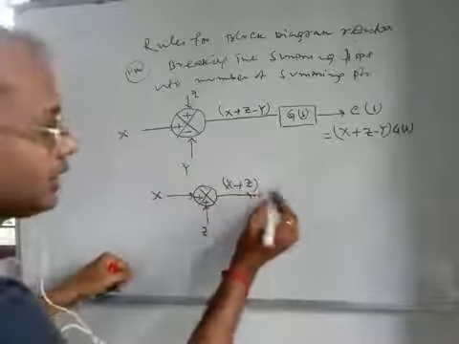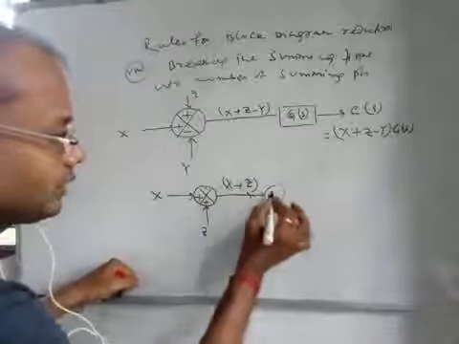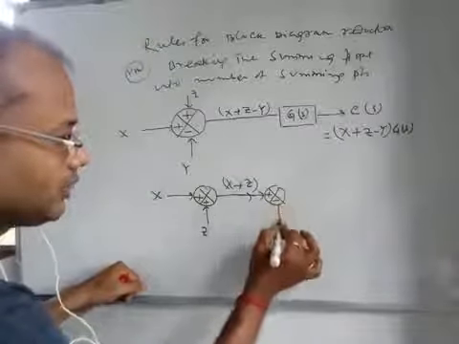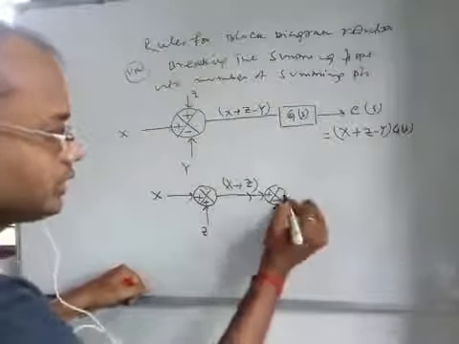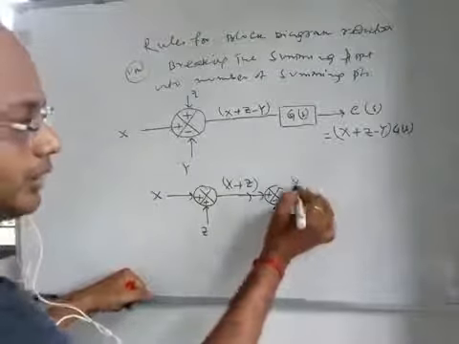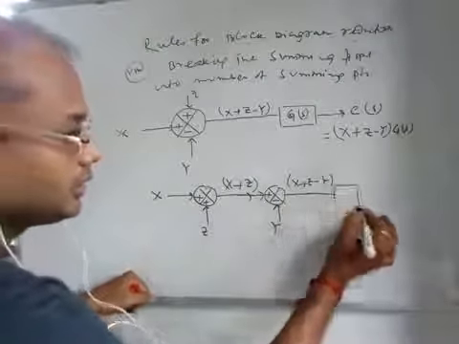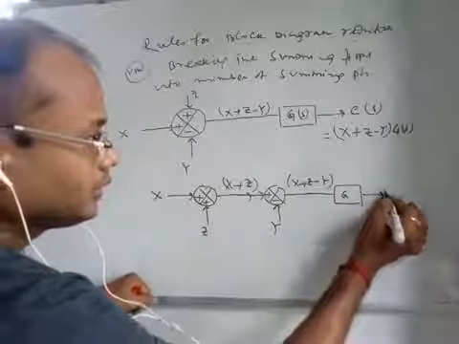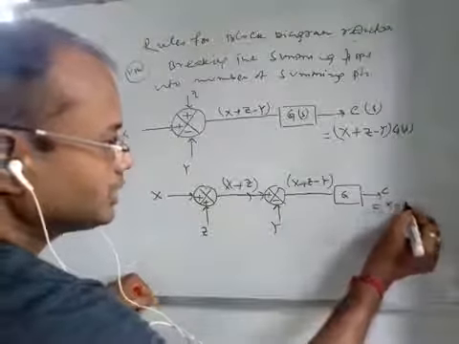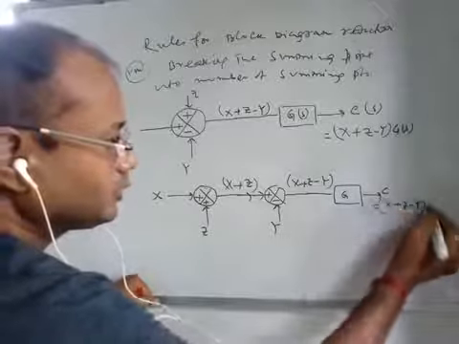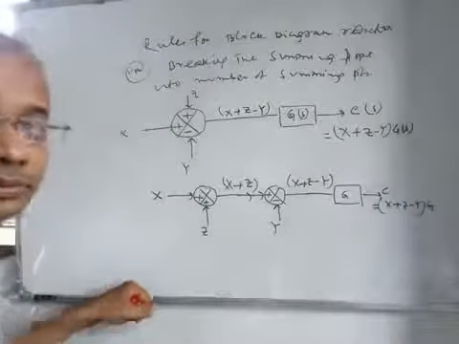Next, what can I do? This is plus, this is minus, this is your Y. So what is the output of this block? X plus Z minus Y. Now see, C equal to (X plus Z minus Y) into G, right?